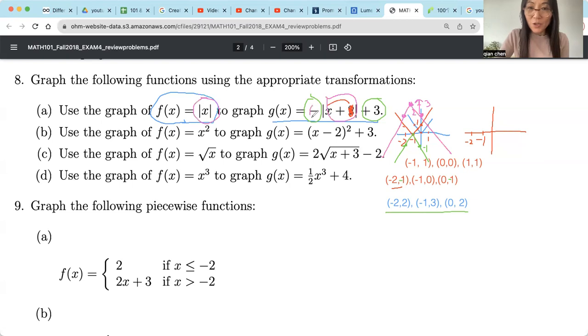Then the negation is a reflection, which is the green color. In the end, we add 3, pushing up 3 units, which is the purple color. So the final graph is the purple graph. You could work with 3 points, right?